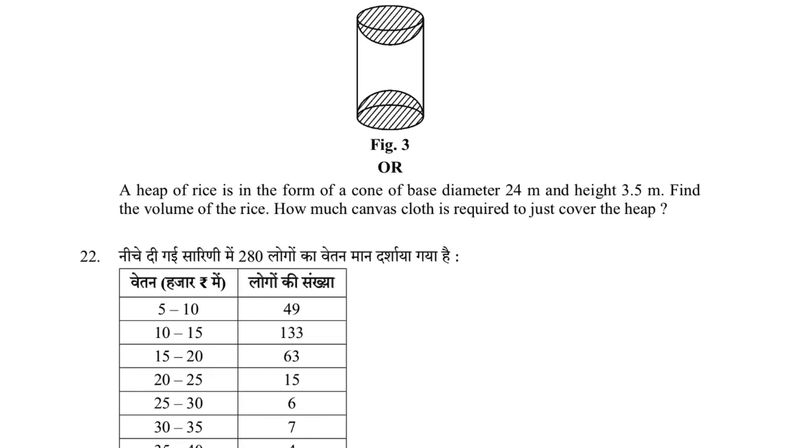There is an OR question in 21st which says a heap of rice is in the form of a cone of base diameter 24 meter and height is 3.5 meter. We need to find the volume of the rice and how much canvas cloth is required to just cover the heap. We are given the heap of rice in the form of cone.